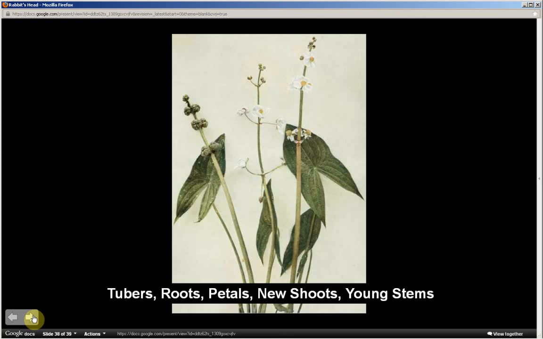Okay, the edible parts of this plant are the tubers, also the roots, the rhizomous roots, the petals, new shoots, and young stems.